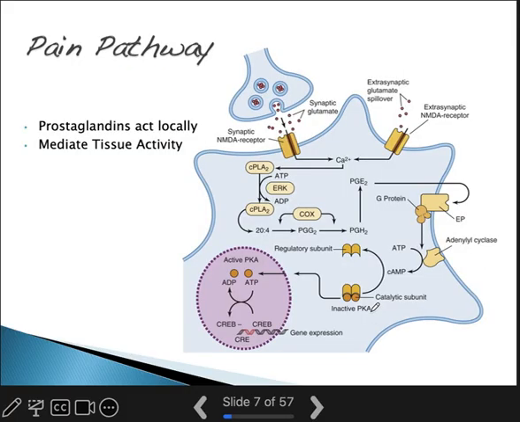If I look at a simplistic example of the pain pathway, here I can see the nervous system initiating the production of a prostaglandin. This is the cascade resulting in the production of a prostaglandin, which I can see here.